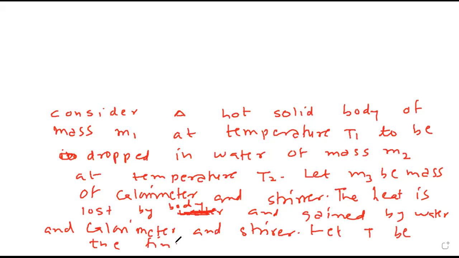Let T be the final temperature of the mixture. Of mixture means all the three, calorimeter, water, stirrer, all come at temperature T. Then there is neither loss nor gain. So please write this much also.